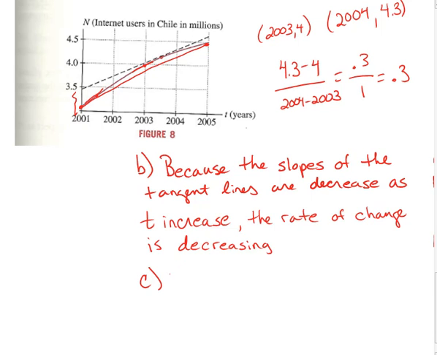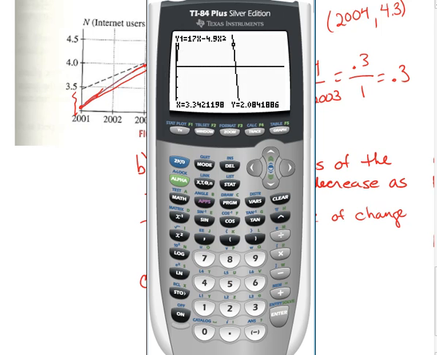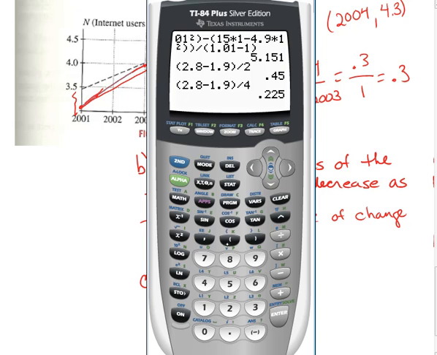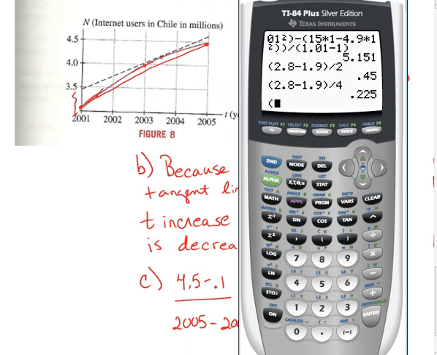So you could say (4.5 minus 0.1) over (2005 minus 2001). Let's see if we can get kind of close to where they got in the solution manual. But again, they must have the actual formula that they're using to get exactly these answers. So we got 4.5 minus 0.1, and then that's just going to be divided by 4.